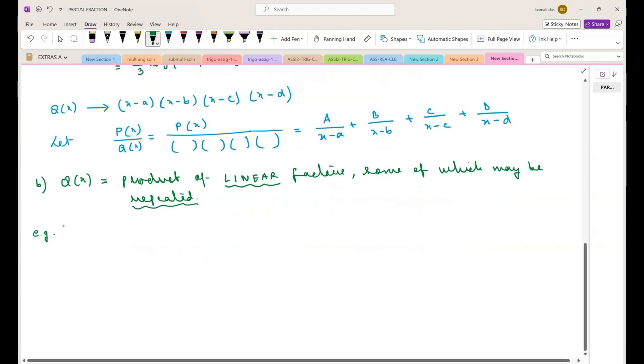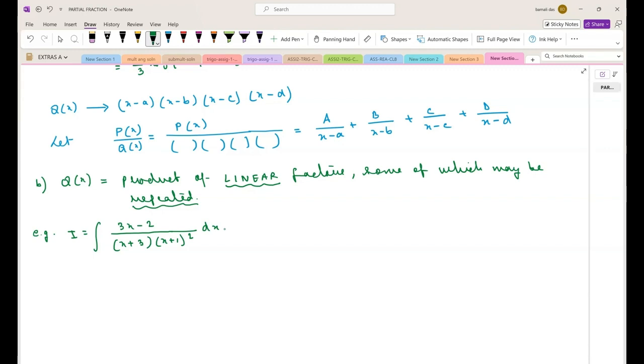Say your integral is I equal to 3x minus 2, that is my px, over (x plus 3)(x plus 1) whole square dx. So here the denominator qx has already been given in factor form. If not, then you will have to factorize it first.